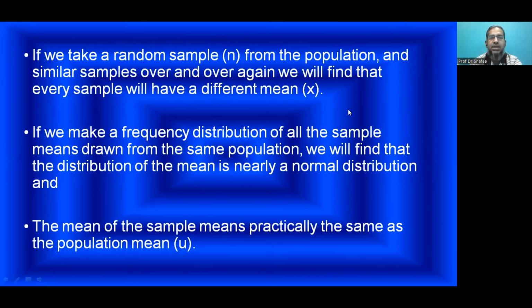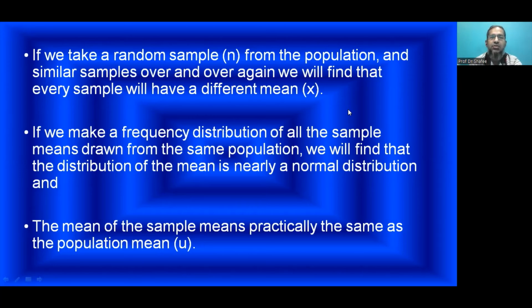Like for the second sample, we calculate the mean blood pressure x2 bar. Like this, we take different samples and draw different means of blood pressure from the same population. If we make a frequency distribution of all the sample means drawn from the same population, we will find that the distribution of the means is nearly a normal distribution.